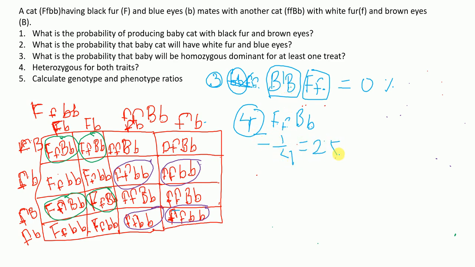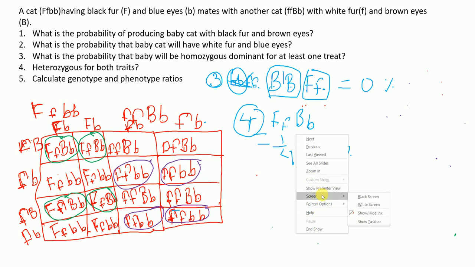That's 25%. Okay, and so finally I have to calculate the genotype and phenotype ratio. To do that, first I'm gonna get rid of this.